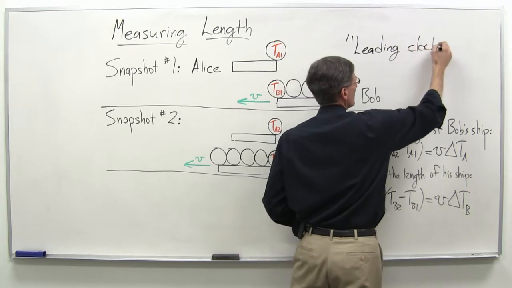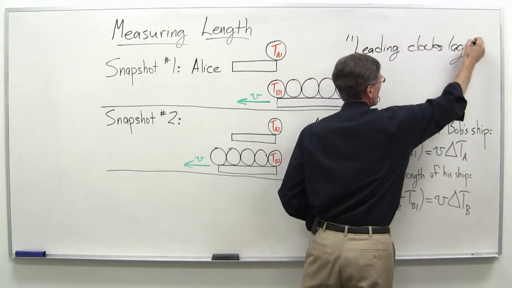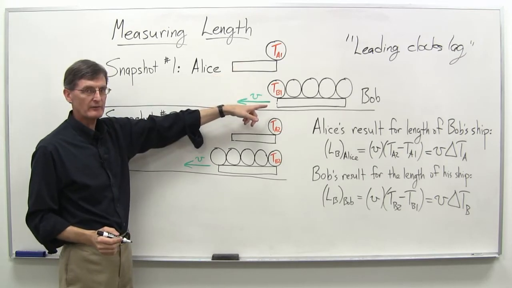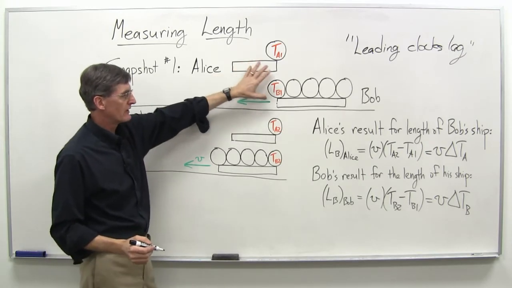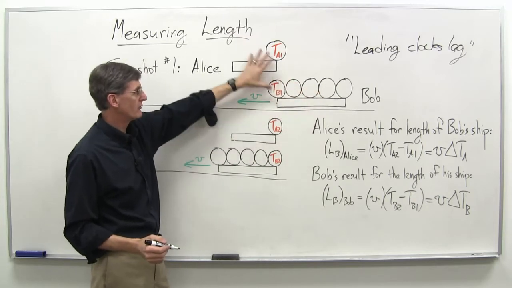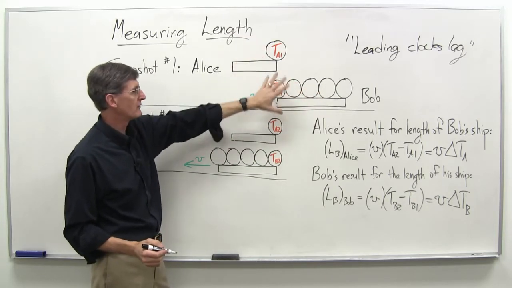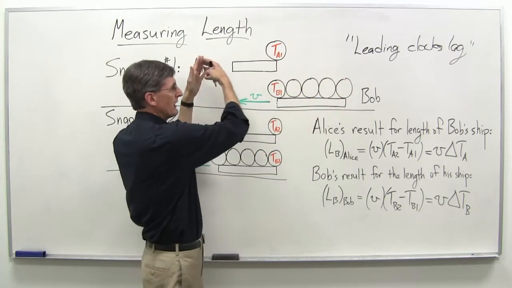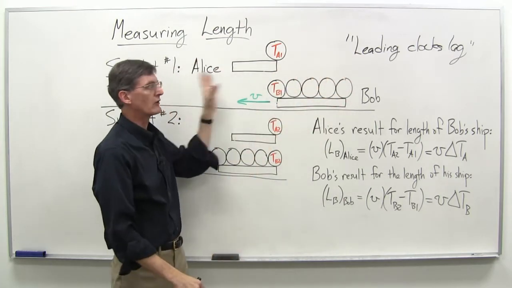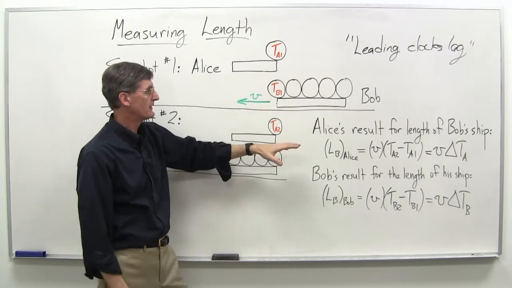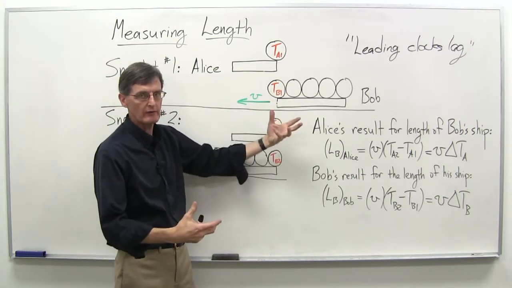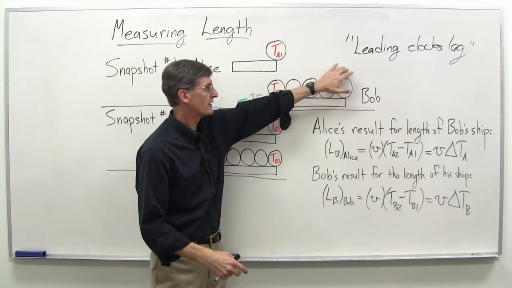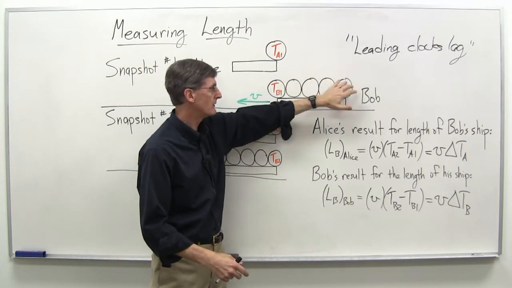So as Alice looks at Bob's clocks, if she were to look at all of Bob's clocks at the same instant, so say at this instant in time, we not only take a photograph here, but we have another photographic device out here. Remember, we imagine Alice having a whole lattice of clocks, so we can take a photograph any place along that we want and compare times with other clocks and locations. So take a photograph. When this photograph goes off, she'll take another photograph simultaneously here.